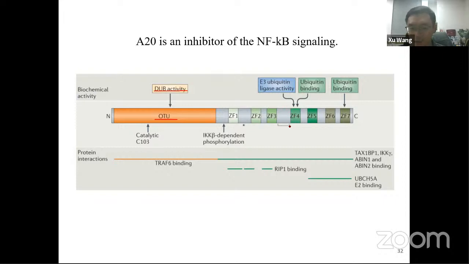The zinc finger domain 4 confers A20 the E3 ubiquitin ligase activity. So A20 is a very special one. It has both DUB activity and E3 ligase activity. That means A20 can not only add ubiquitination, but it can also remove ubiquitination.